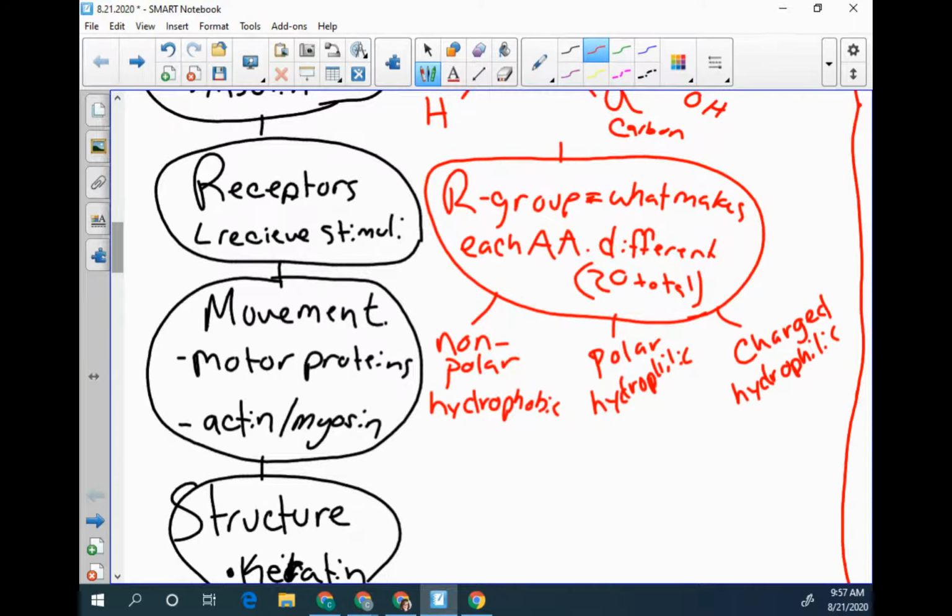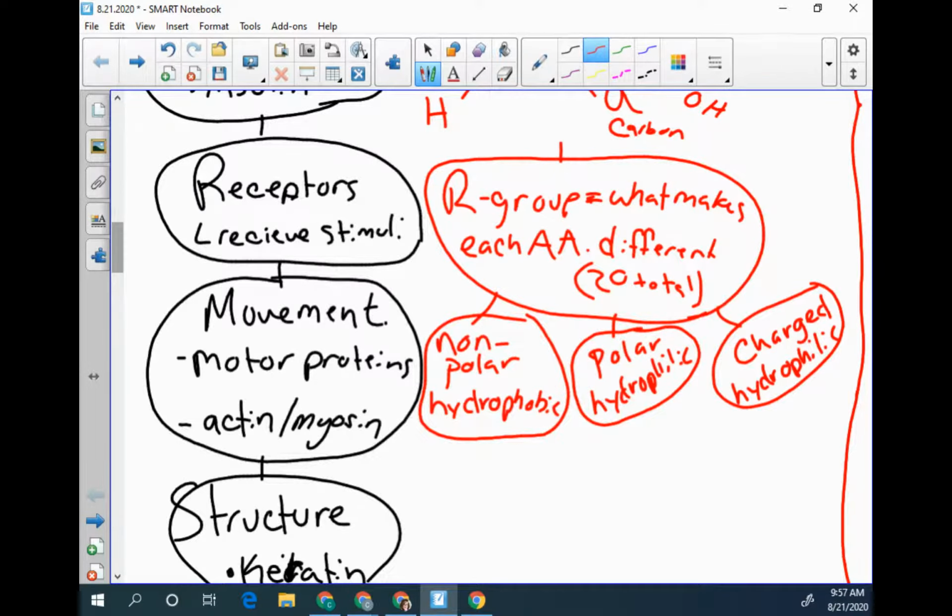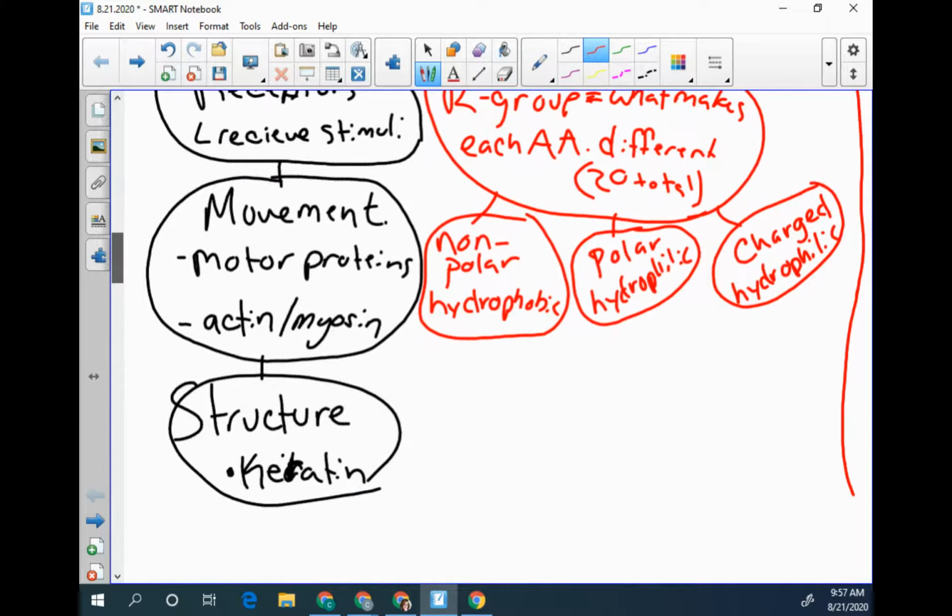Just because these molecules are hydrophilic does not mean that they will dissolve in water. These guys are too big to dissolve in water, unless you try really, really hard or you melt them, but we're not going to mess with melting them. So: nonpolar hydrophobic, polar hydrophilic, and charged hydrophilic.